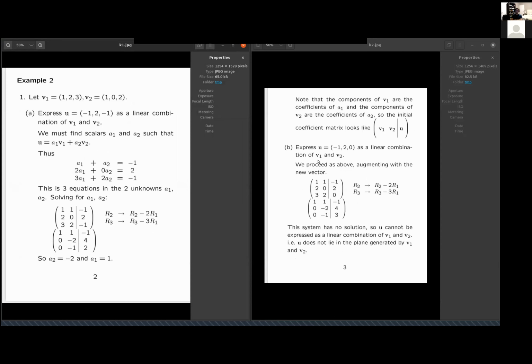Okay, so Curdy, what was bothering you? The question is: express this as a linear combination of V1 and V2. Can you specifically say what was bugging you? I got up until REF, but I don't know how she proved after that A1 and A2 are linear combinations.